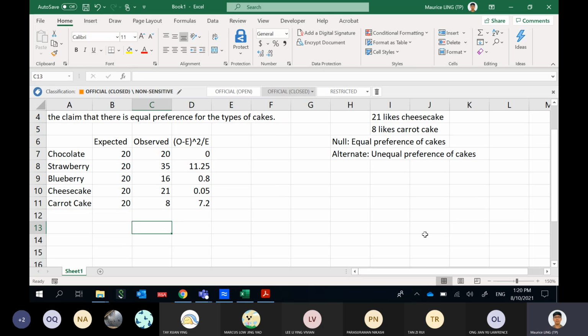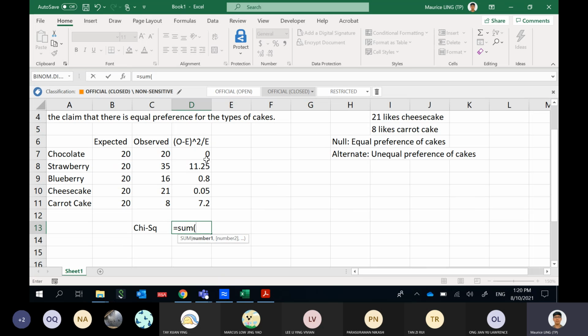Okay. Then what you do is to find out the chi-square statistic. The chi-square statistic is just the addition of all these values. So you sum up the values.